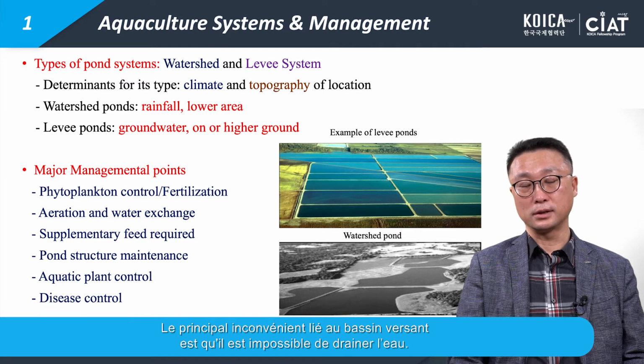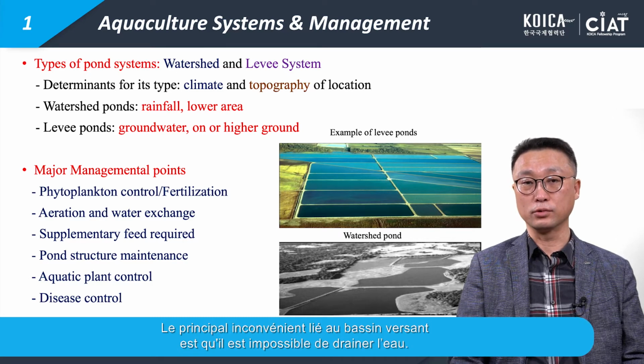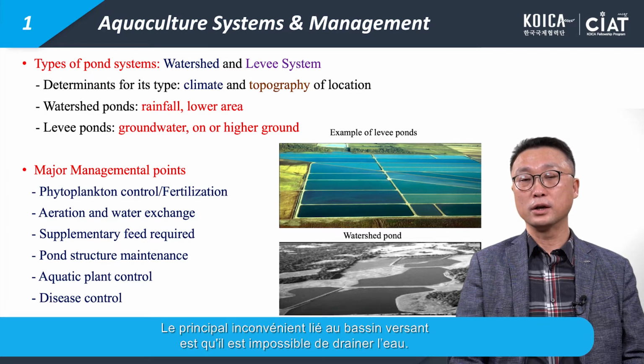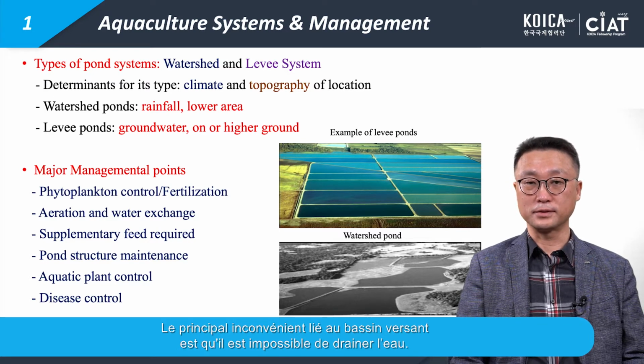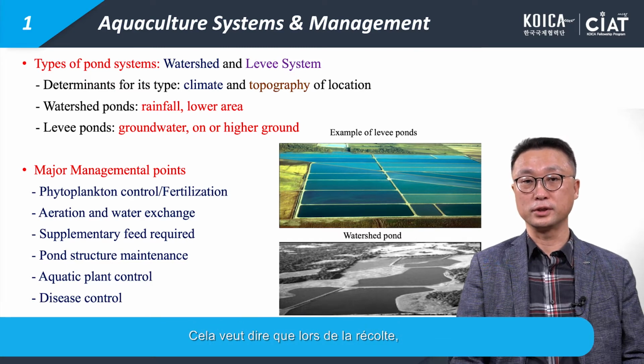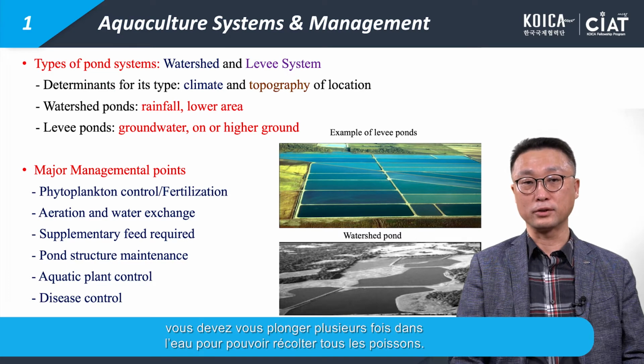But the main drawback of the watershed pond is you can't drain the water. That means when you harvest the fish from the watershed pond, you will have to seine continuously over and over, but you cannot make sure that you catch all the fish in the watershed pond.